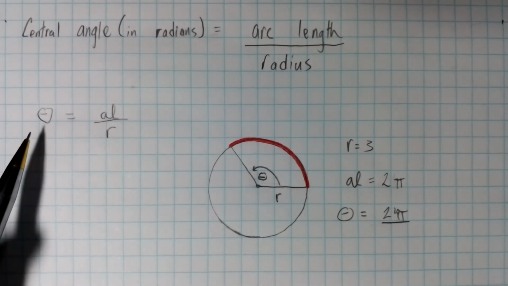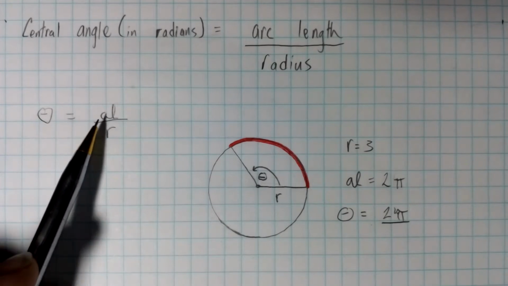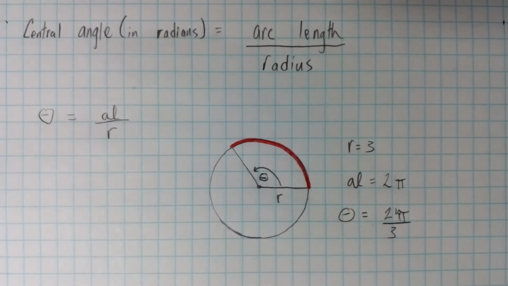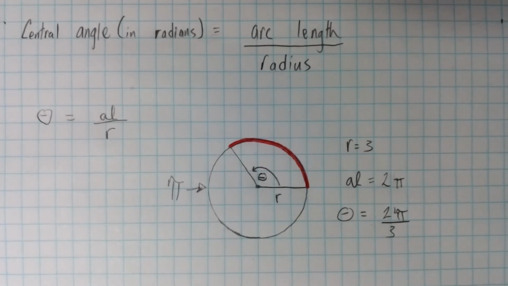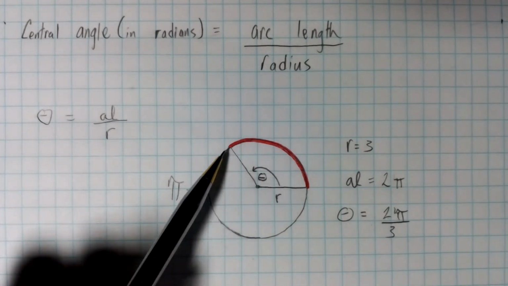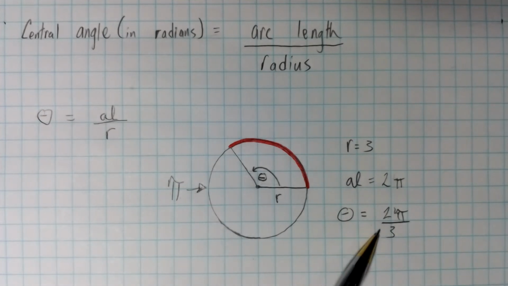According to our equation, theta equals the arc length, 2 pi, divided by 3. So the answer is 2 pi thirds. That makes sense. If you recall that halfway around in radians is pi, that spot does look like about 2/3 of pi.